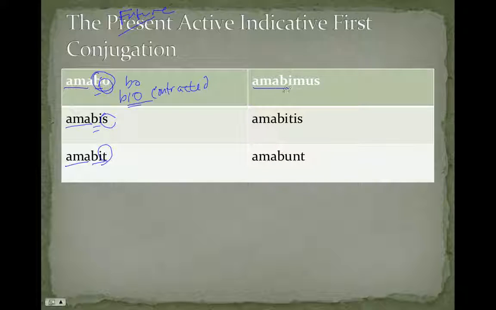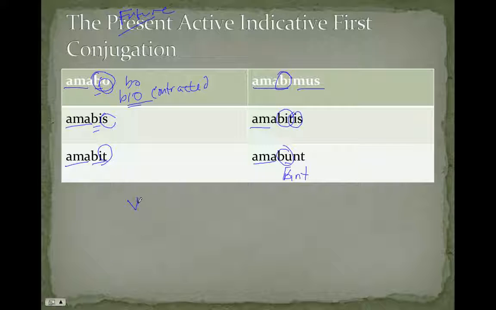Amabimus, tense marker, ending, we will love, amabitis, tense marker, ending, and amabunt. There you get another exception, instead of amabint, which you might expect, this U takes over: amabunt. So this just must be memorized. Amabo, amabis, amabit, amabimus, amabitis, amabunt.